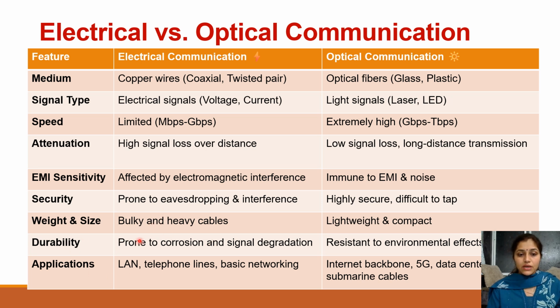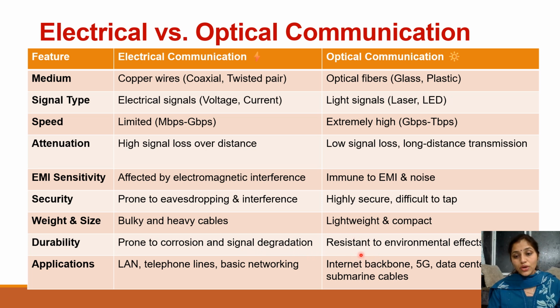Weight and size, this is the main important thing. In case of electrical communication, the cables are quite bulky and they are heavy, whereas in case of optical communication they are lightweight and compact. So we can compare width of optical fiber with human hair. The width is similar to width of our hair. Durability: electrical cables are prone to corrosion and signal degradation.